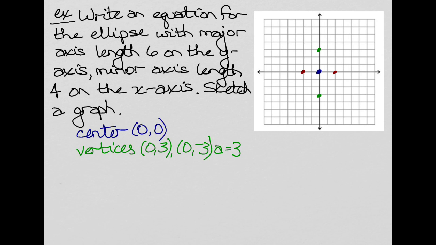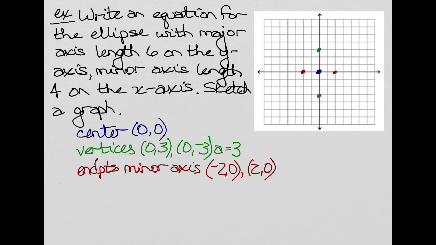So the endpoints of my minor axis are at, looks like negative 2, 0 and 2, 0, which means the value of b is 2. At this point, I have enough to draw a picture. We're going to find the foci anyway, but we don't need them to draw the picture. We're just going to connect those 4 points in a nice elliptical type shape.